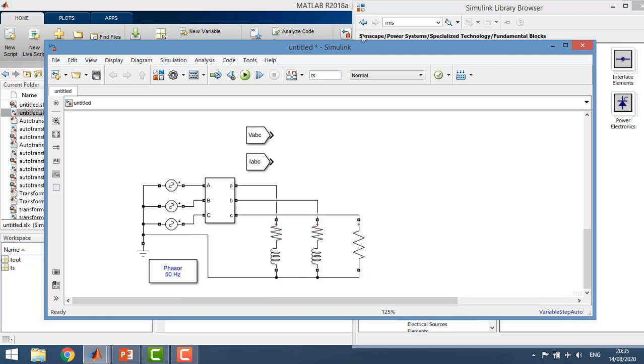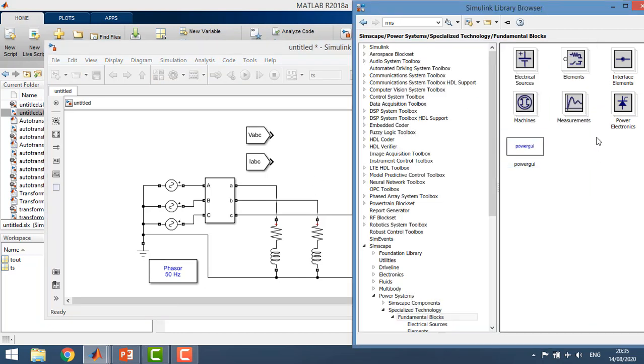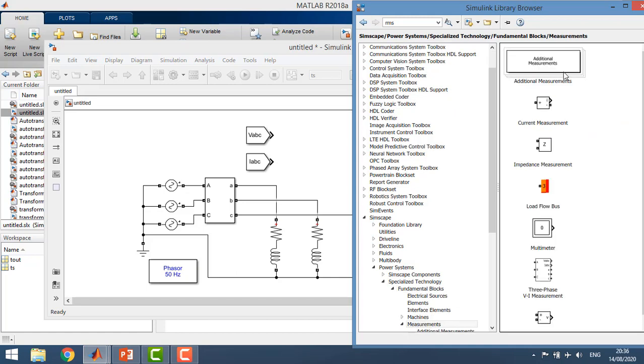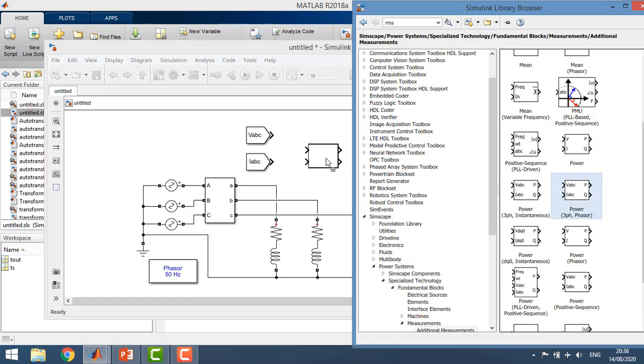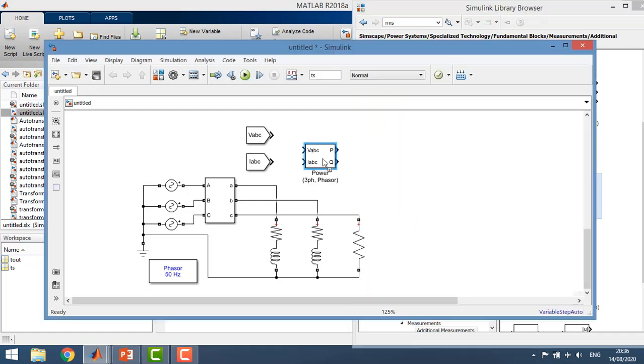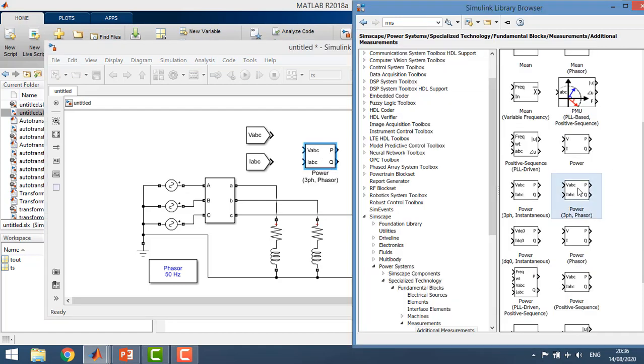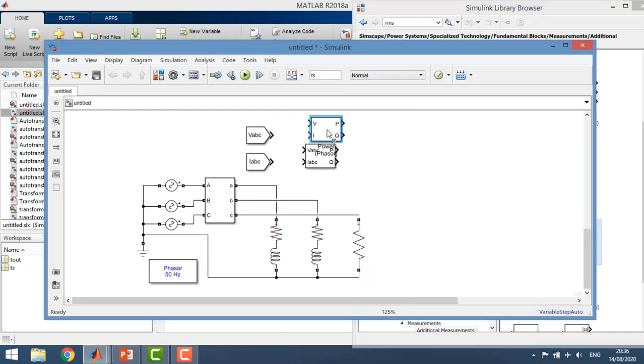Brilliant. So we do need a component to calculate the active and reactive power. So let's use both components and see exactly what is the difference.